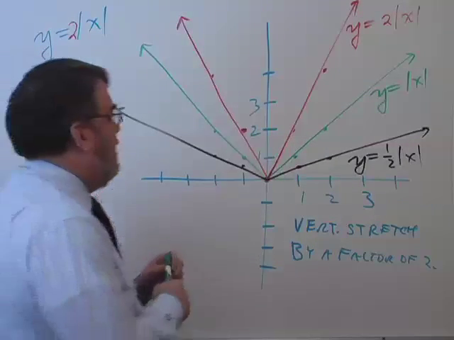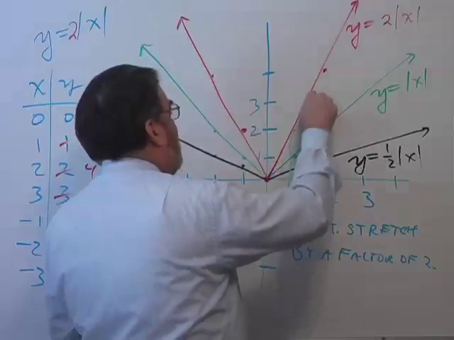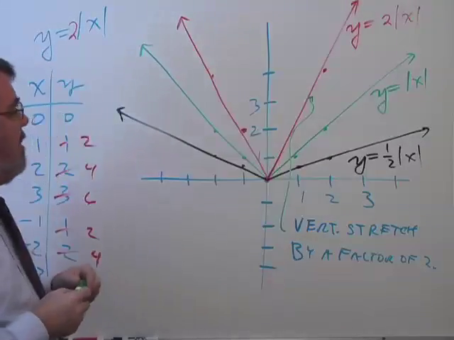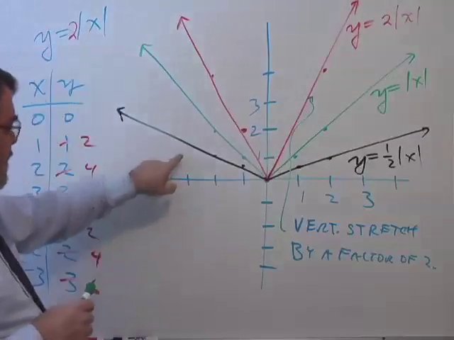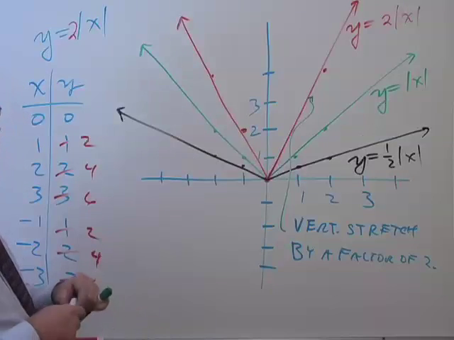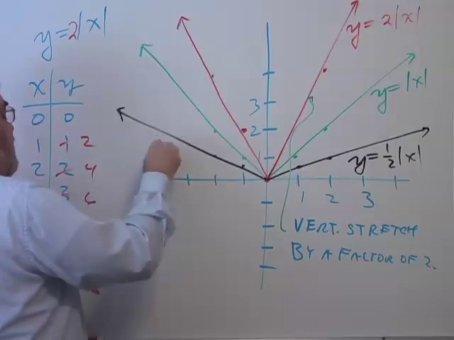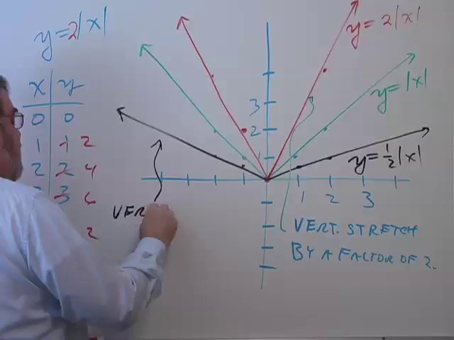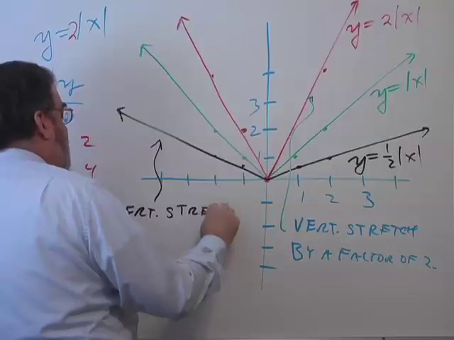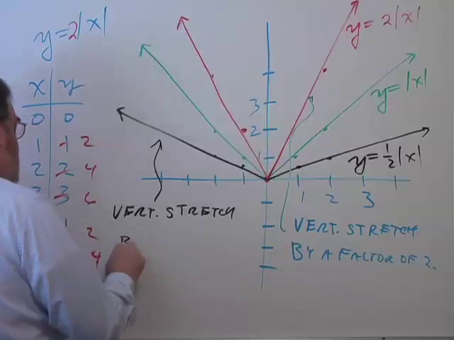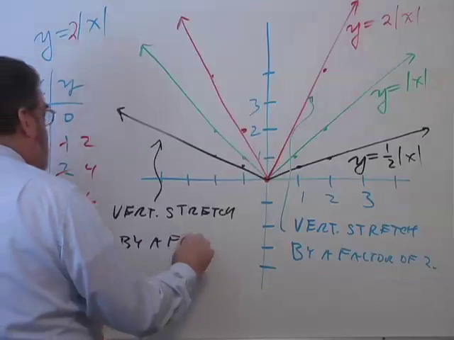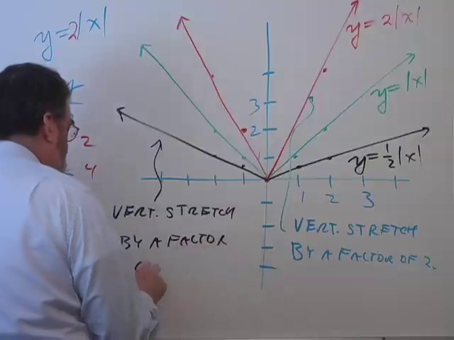I'm mixing my colors here, unfortunately. That was a vertical stretch by a factor of 2. But what am I going to call this guy? I'm going to call this a vertical stretch by a factor of 1/2.